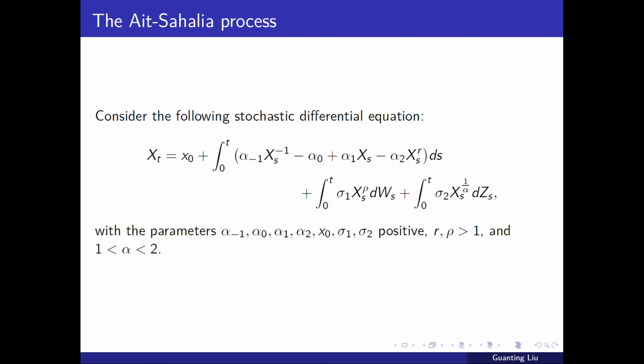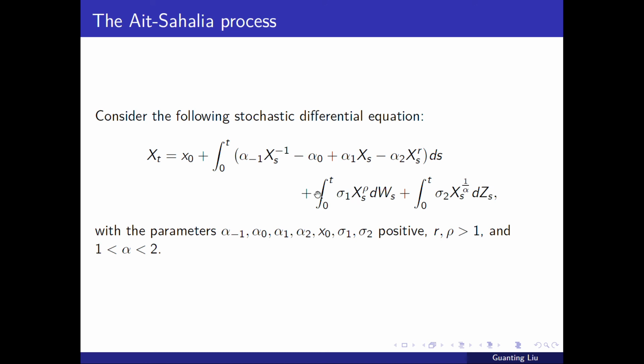the processes that we are interested in is the Ait-Sahalia process. The SDE here is already the jump extended version. But just look at the drift and diffusion here. We can see that it's a very different stochastic process.